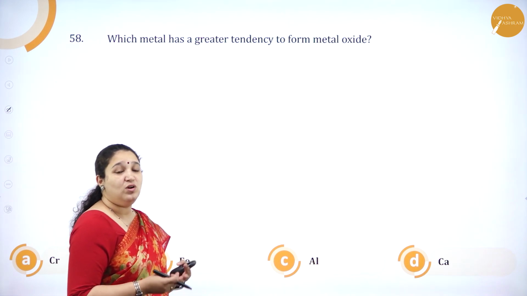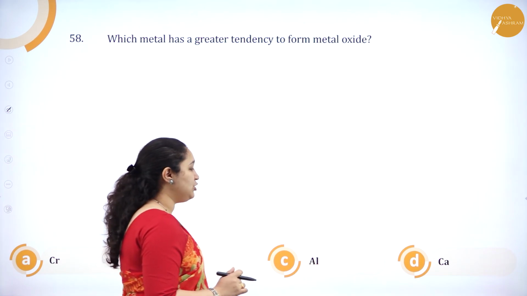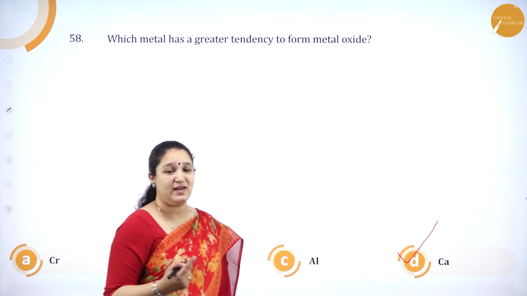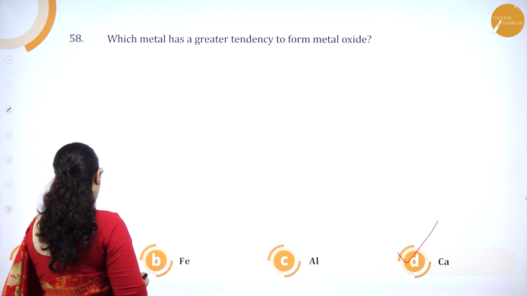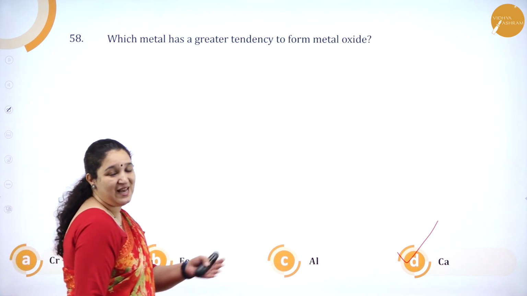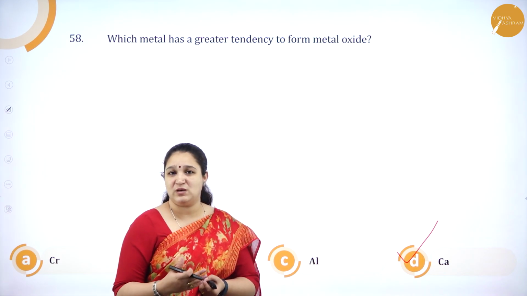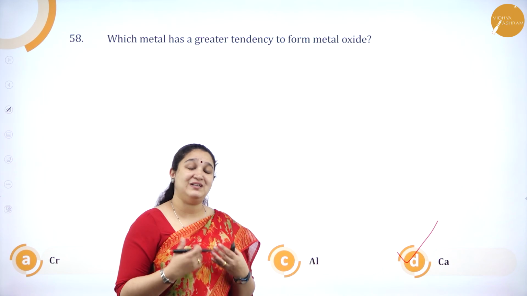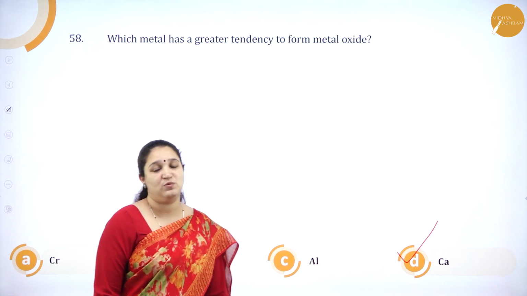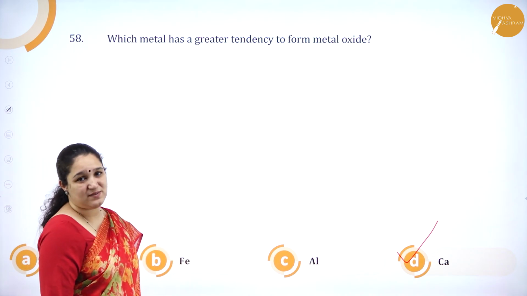The one and only oxide which is ionic is calcium oxide. Calcium has more tendency to form oxide compared to aluminium, iron or chromium, which do not form ionic oxides. Calcium forms an ionic oxide, and ionic oxide is more stable. Whenever something is more stable, the tendency to form it will also be more. So calcium has the higher tendency to form metal oxides.